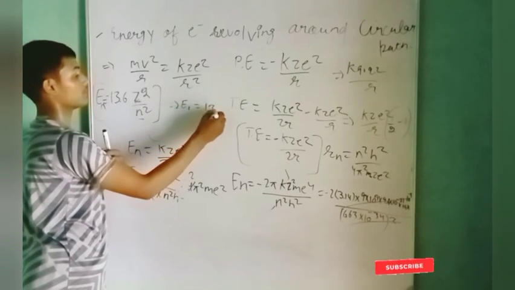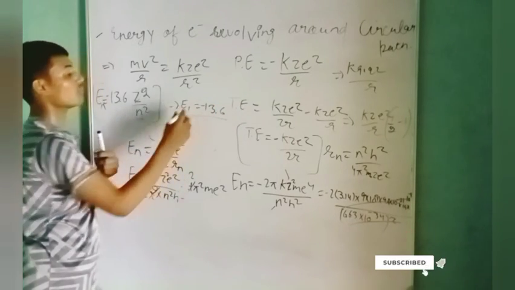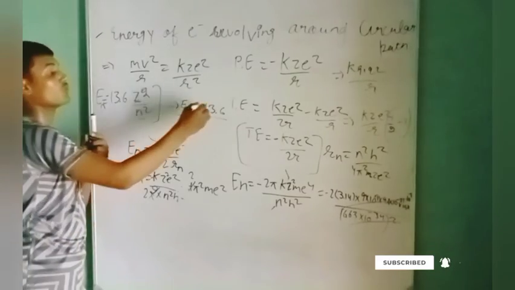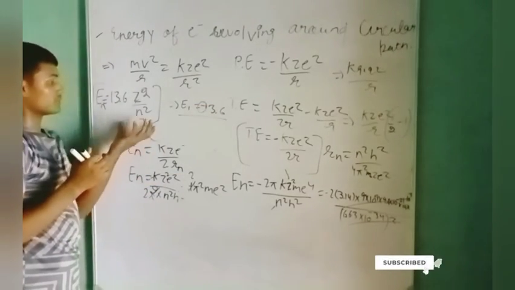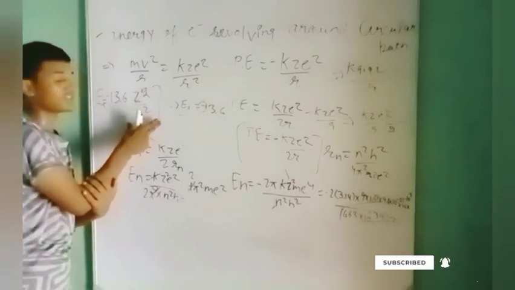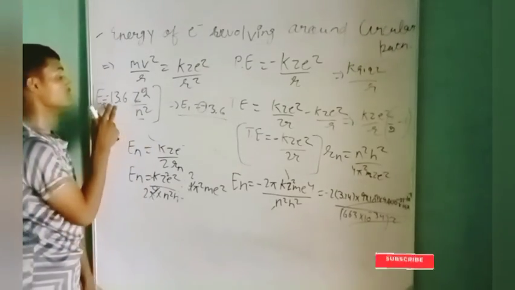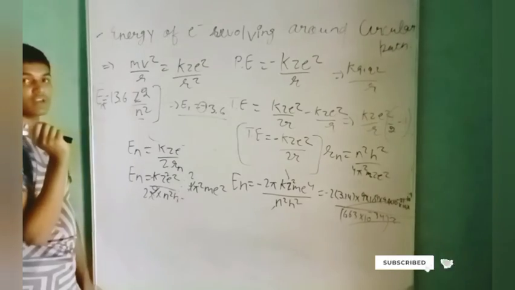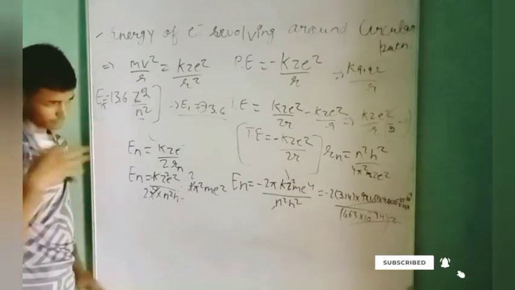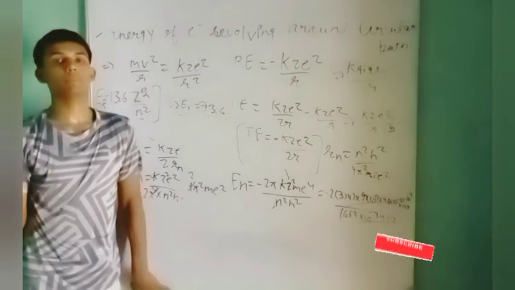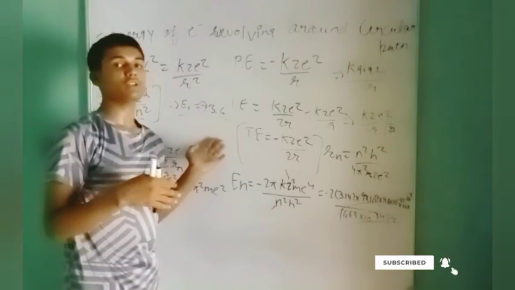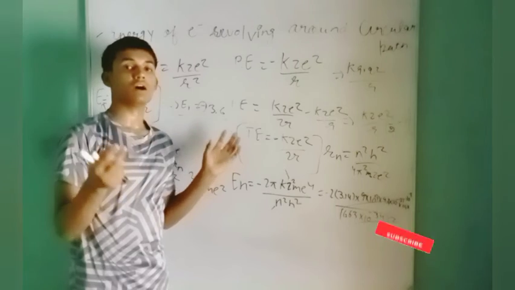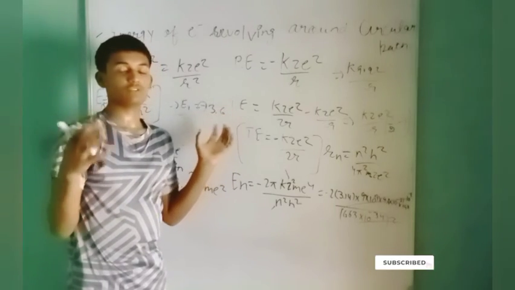What is the meaning of the negative sign here? The meaning of the negative sign is that when we increase the number of the orbit, the energy also increases. Because if we go into a higher orbit, the size of the orbit also increases.